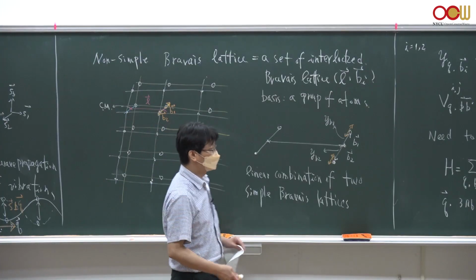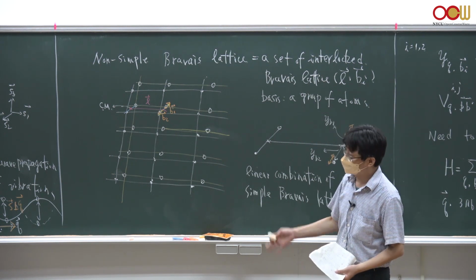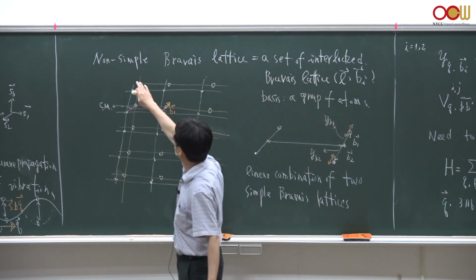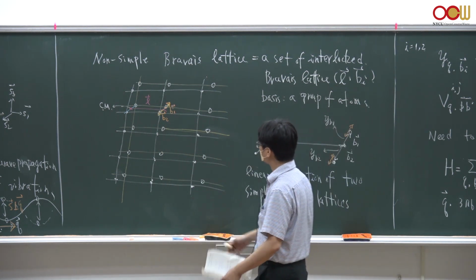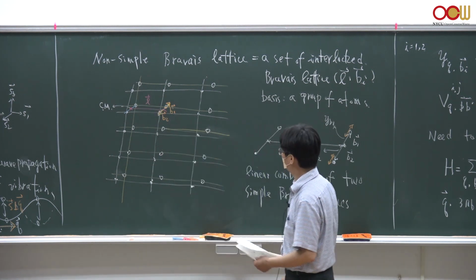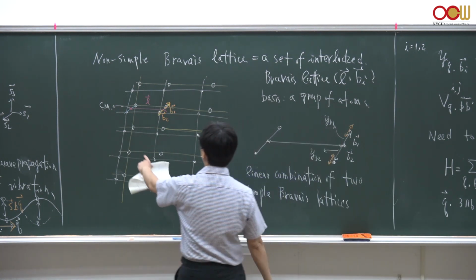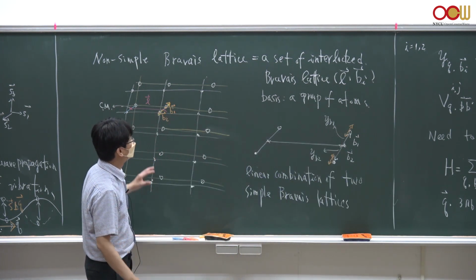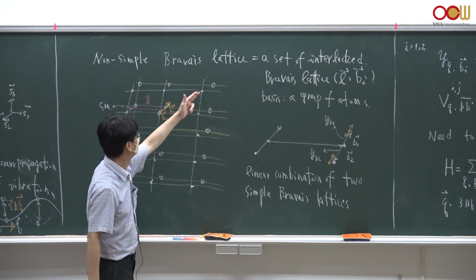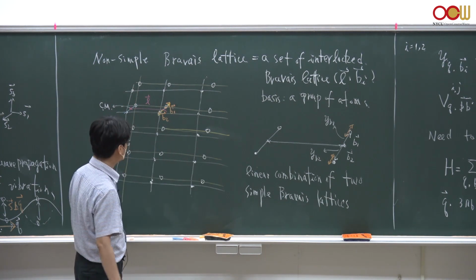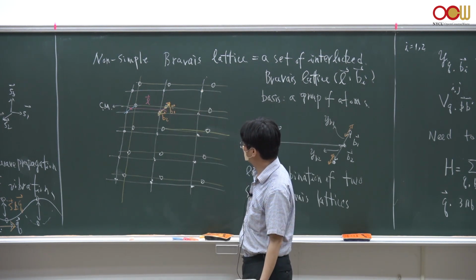To see these different longitudinal and transverse phonon modes, a good example is a little more complicated: the non-simple Bravais lattice case, where the phonon can exist in two interlocked lattices. In this non-simple Bravais lattice, we have 2 interlocked Bravais lattices, the yellow open circle lattice points, and the solid circle and solid line lattice.